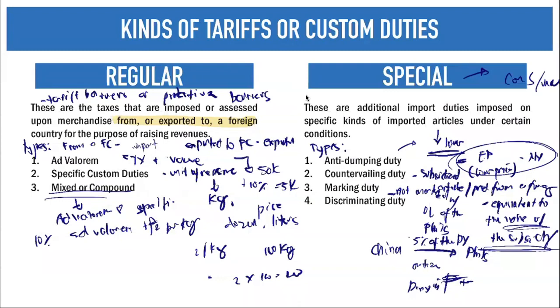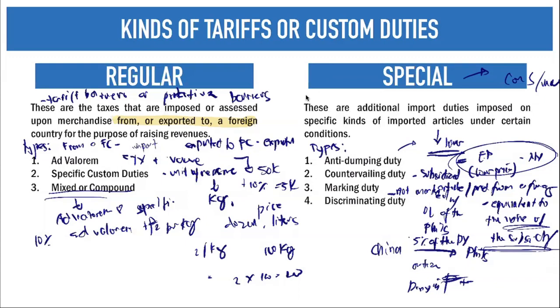And another special duty is your discriminating duty. So a discriminating duty is an additional customs duty which is imposed on a vessel of a foreign country which imposes, directly or indirectly, upon the disposition or transportation in transit or through exportation from such country of any article wholly or in part of the growth or product of the Philippines, any unreasonable charge, exaction, regulation, or limitation, or which discriminates against the commerce of the Philippines.